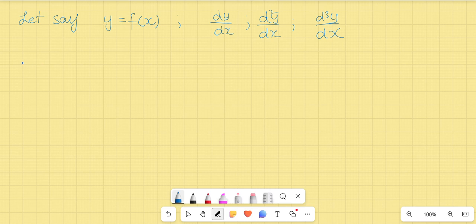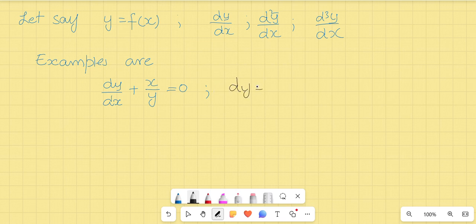So the examples are dy by dx plus x over y equals 0. Or another example is dy equals x plus sine x dx.